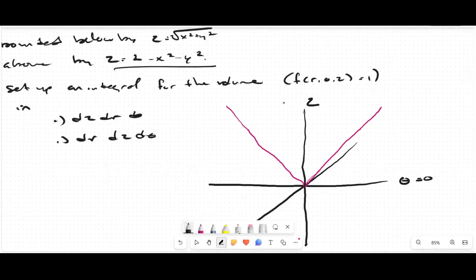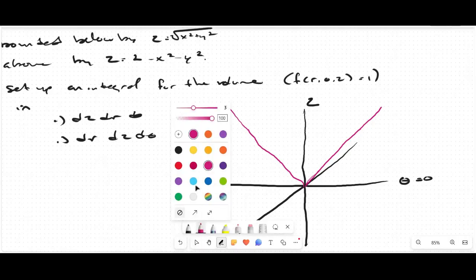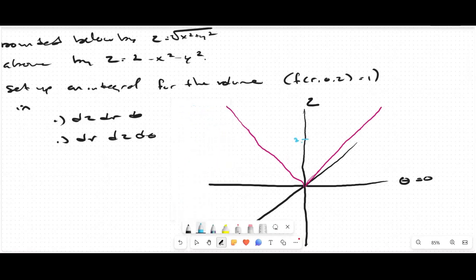I also have a downward facing paraboloid initiating at 2. Let's make the 2 right here, maybe. Well, I'll take it.